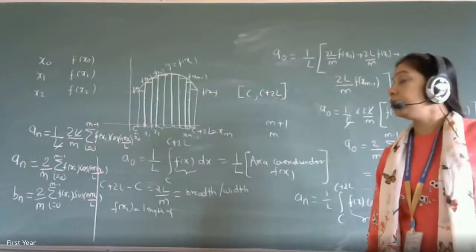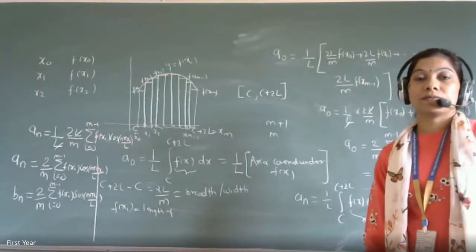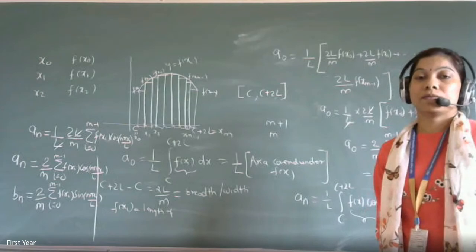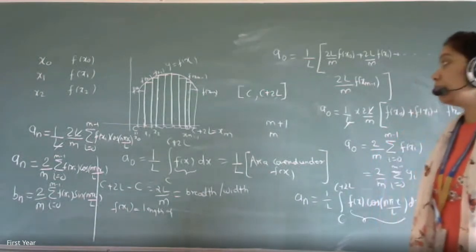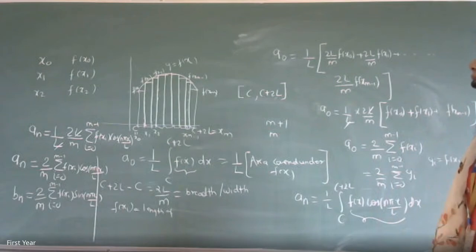Have you drawn the diagram? Yes, ma'am. Okay, after drawing, name it also. First one is x0, second is x1, x2, up to xm, and above those points rectangles f of x0, f of x1, f of x2, and so on. The last one is f of xm.